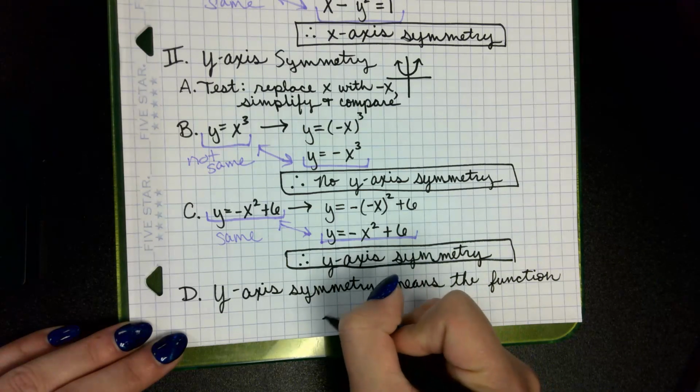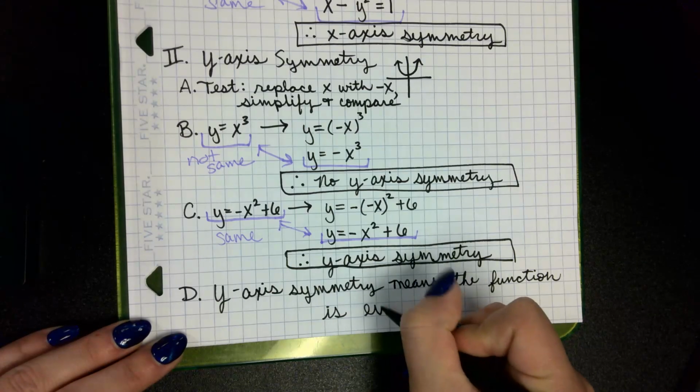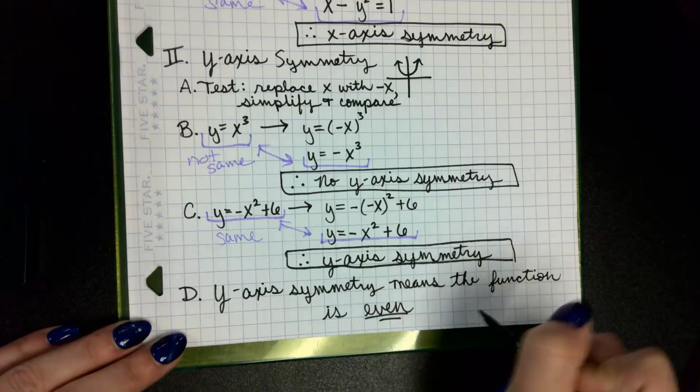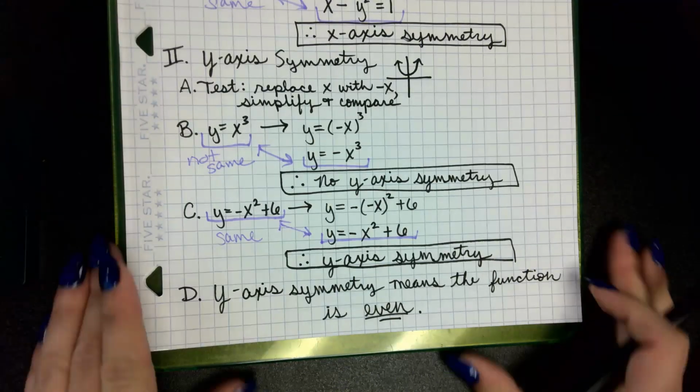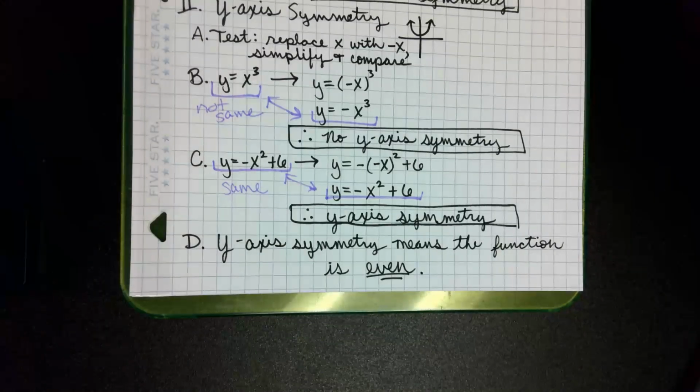So if you prove y-axis symmetry, then you know you have an even function. Because that can be tricky, but we'll talk more about odd and even functions later.